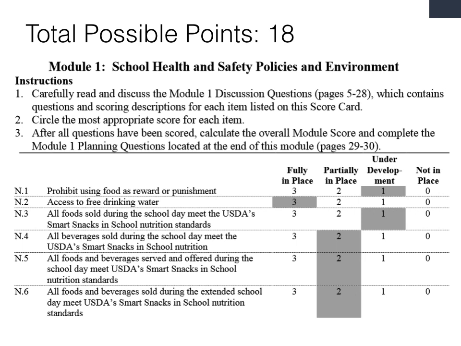The highlighted cell indicates selecting that response. For the first row, you can see that what was selected was under development, so that's 1 point. In the written copy, you would go through and circle or highlight your answer to each of the specific questions. At the bottom of the form, you would then tally it up.